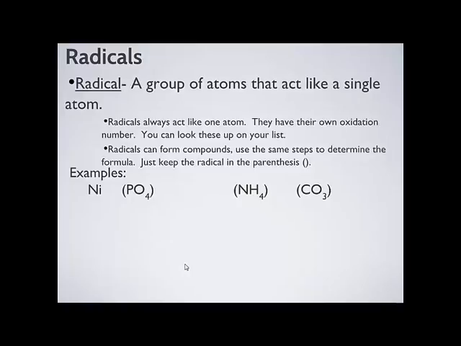So if we have nickel, and what is PO4? What is the name of that radical? Phosphate. Okay? Nickel phosphate. So nickel, if we look at it on the periodic table, what is its oxidation number? Nickel, what is it? Minus 3?